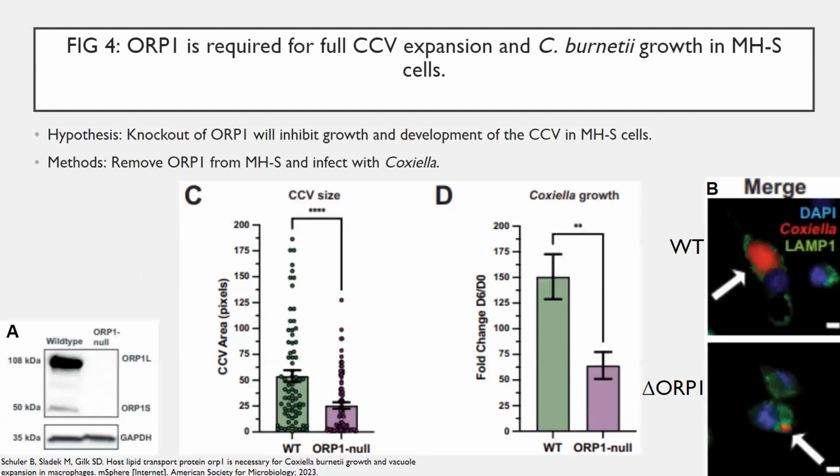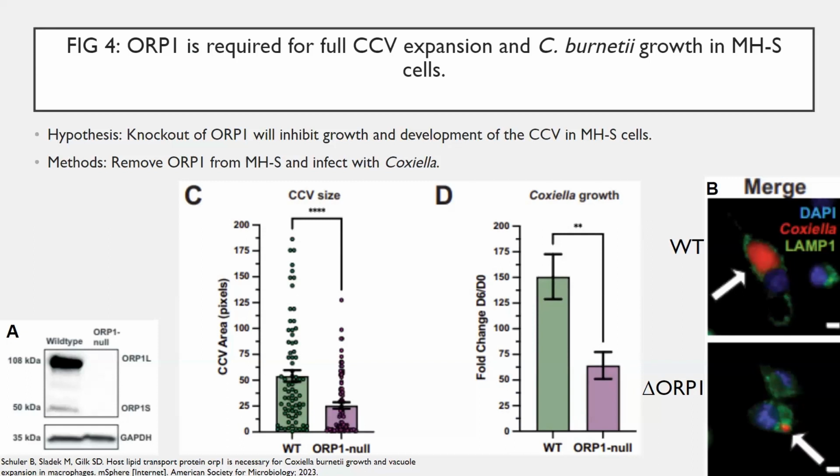So moving to our first figure, I actually flipped this paper. So I'm doing figures 4 and 5 first, and then circling back to 1 through 3. Figure 4 states that ORP1 is required for full CCV expansion and Coxiella burnettii growth in MHS cells, being the murine alveolar macrophages.